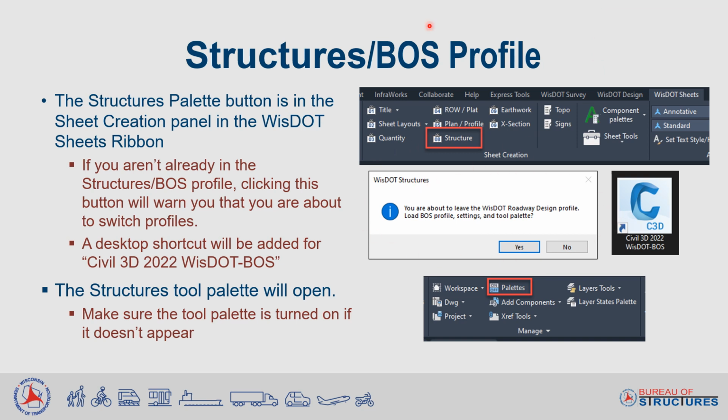Clicking OK will load the profile, and it will also create a desktop shortcut named Civil 3D 2022 WisDOT BOS. Using this shortcut, we'll start Civil 3D in the Structures profile.